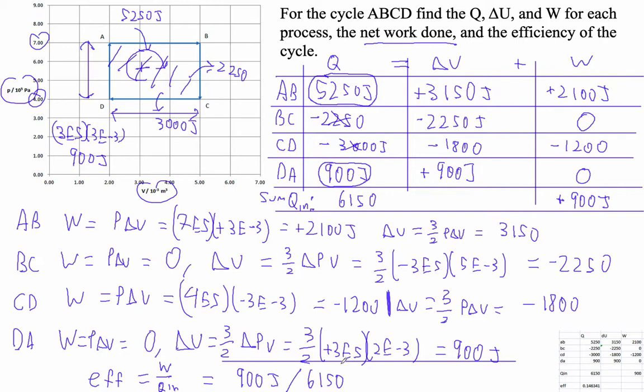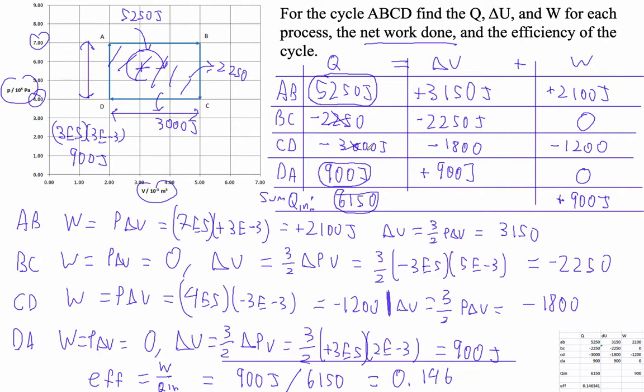So 900 divided by that is 0.146, or about 14.6% efficiency, right? Okay. So remember, for efficiency, we figure out the total heat that flowed in. We don't care about the waste heat. We just care about what flowed in from the boiler, and then we go work divided by heat flow in. Okay.